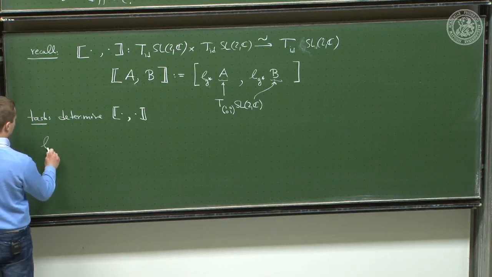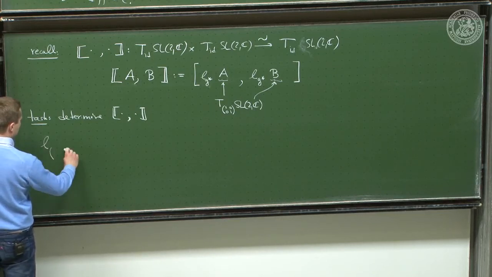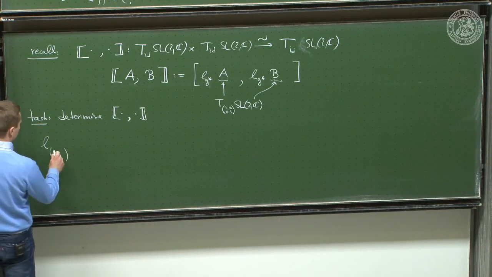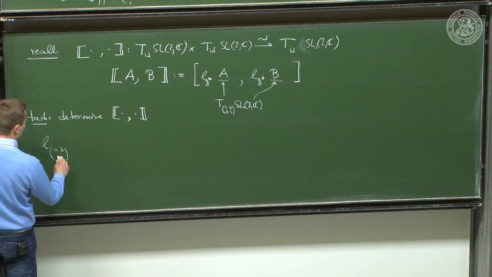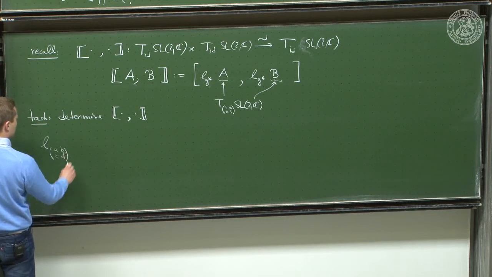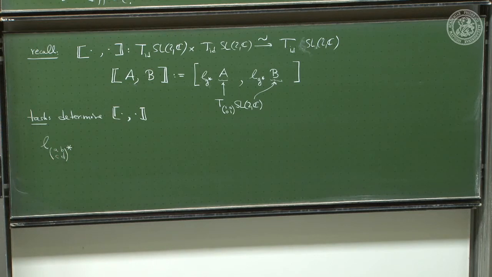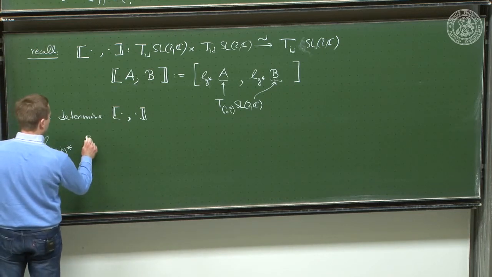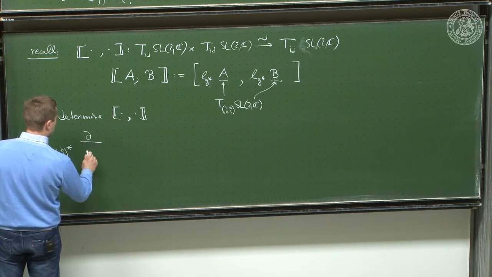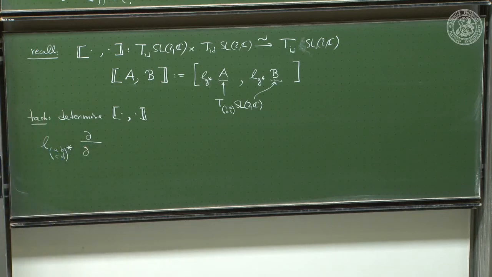So let's try to calculate L sub G. G is some element of SL2C, so I write L sub (A, B, C, D), and I take the push forward and I act on d by dx. Now I need to choose a chart that contains the identity. The U chart contains the identity. U only asks A to be non-zero, but at the identity A is 1.